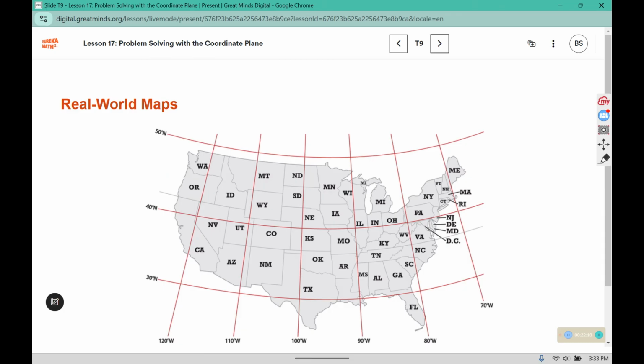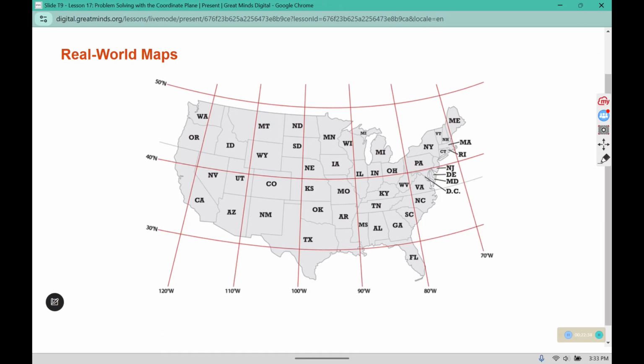Since the Earth is curved, the lines have to be curved also. The northern part of the US is closer to the North Pole, so the lines of longitude are closer together. And then farther south, the longitude gets wider at places that are closer to the equator, that line that represents 0.